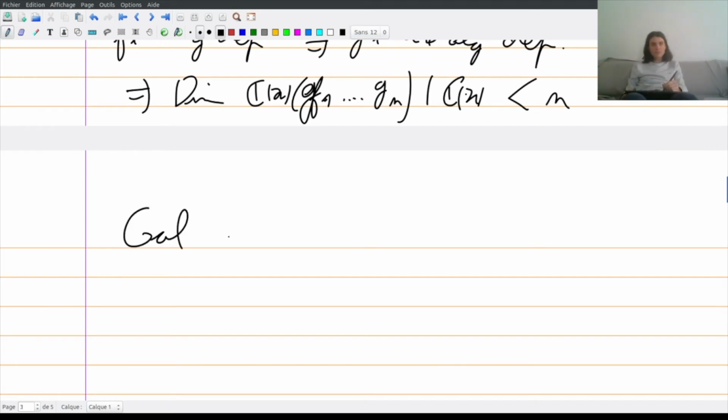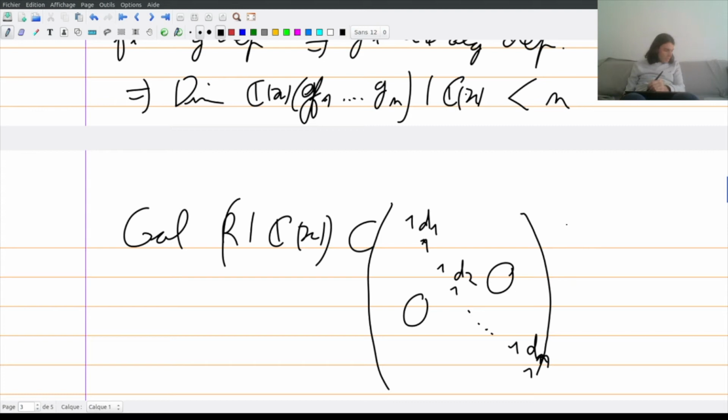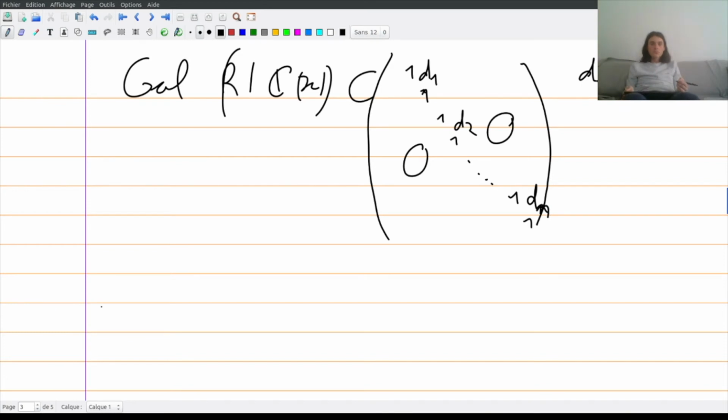On the other side, the Galois group is contained in a group of this form, with d_i belongs to C. You can see this in several ways.